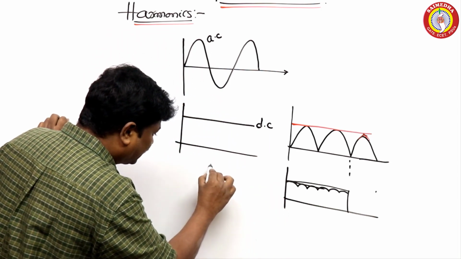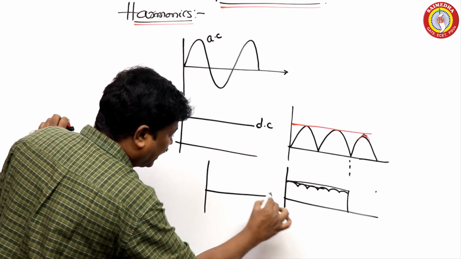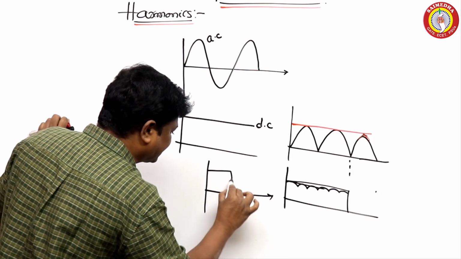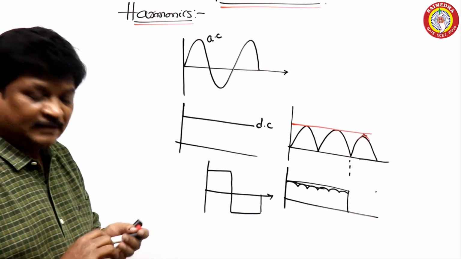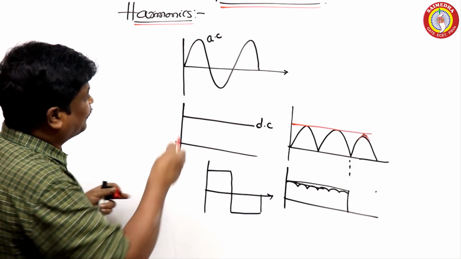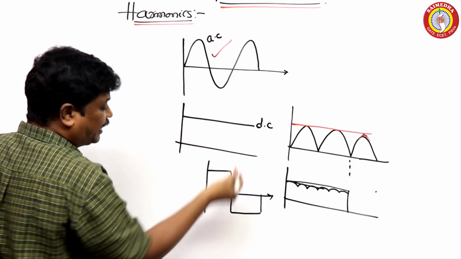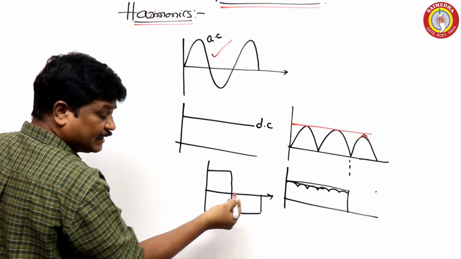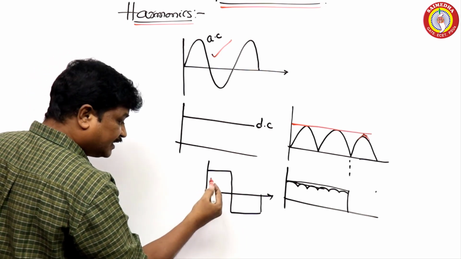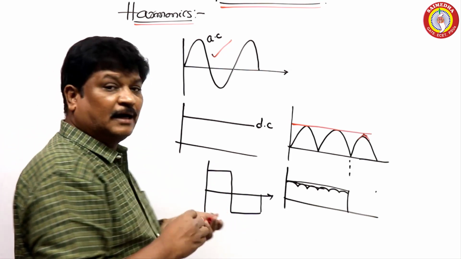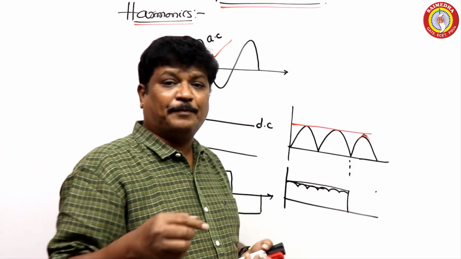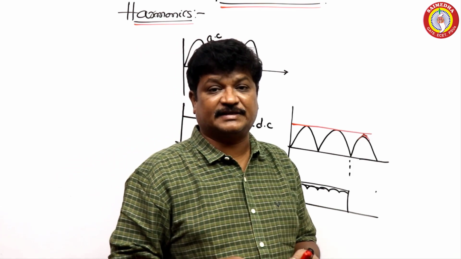In the inverter, we get an output supply like this. Sir, exactly what supply do you need? You need this type of supply, but you got this supply in the output. What happened? This output consists of some harmonics: DC component, AC component, fundamental component, as well as harmonic components.